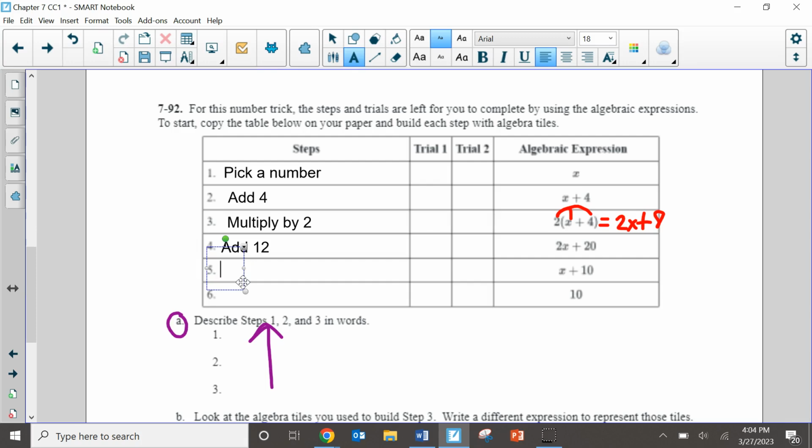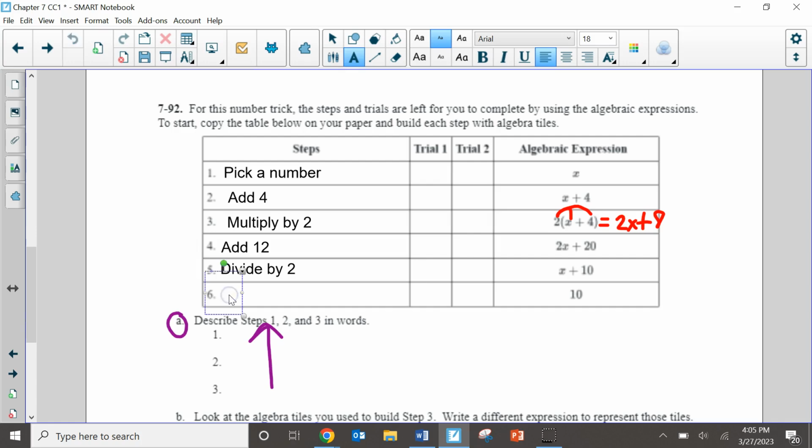But what did I divide 2x by just to get x? And remember, that's technically like saying 1x plus 10. Well, 2 divided by 2 is 1, right? And 20 divided by 2 gives me that 10. So I know that this step is divide by 2.